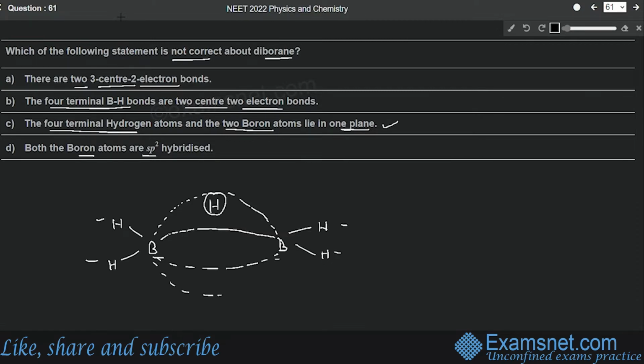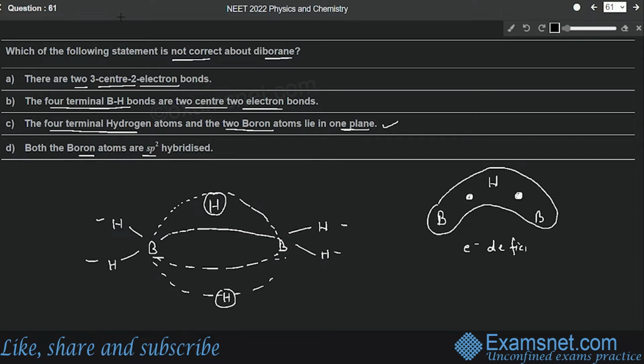If I draw this figure again, the middle one, then boron, hydrogen and boron. I'm not mentioning the terminal hydrogens here. So you can see there are 3 atoms. That means there are 3 centers, but only 2 electrons shared between them. So this is an electron deficient bond, right?